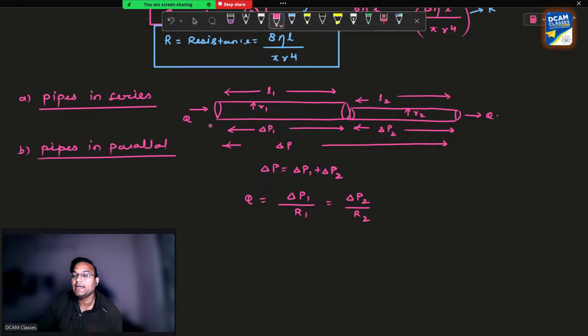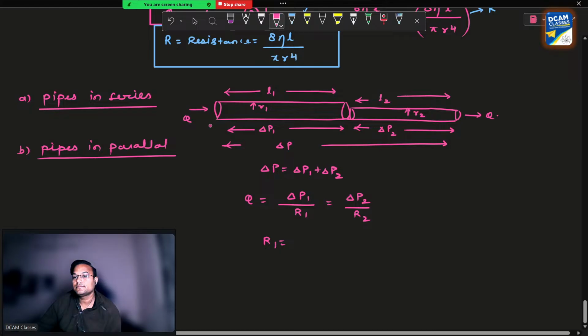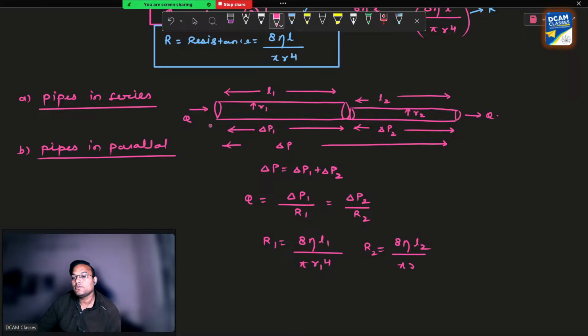It's like current is flowing same, V1 by R1 is equal to V2 by R2. Correct? Where R1 will be 8 eta L1 by pi R1 power 4, and R2 is equal to 8 eta L2 by pi R2 power 4.